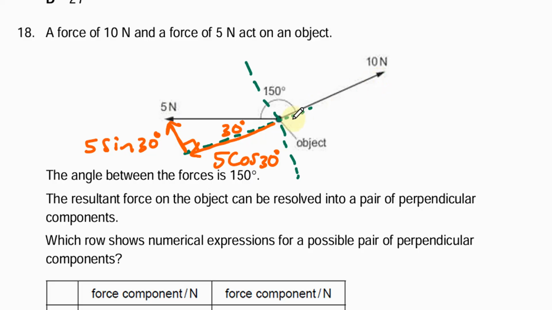Now, let's go to this vector. The component of this vector in this plane will be the vector itself, so 10 newtons. Then this vector is perpendicular to this plane, so it doesn't have any component in this plane. Let's find the net component in this plane. It will be 10 in this direction, minus 5 cos 30.